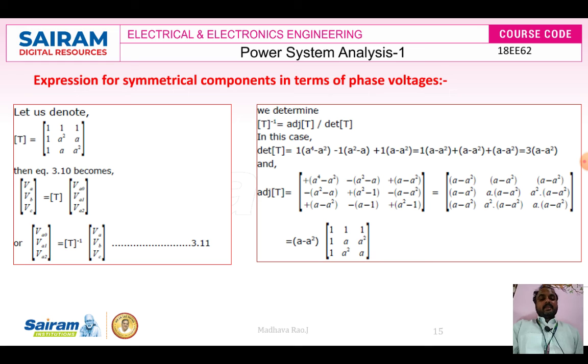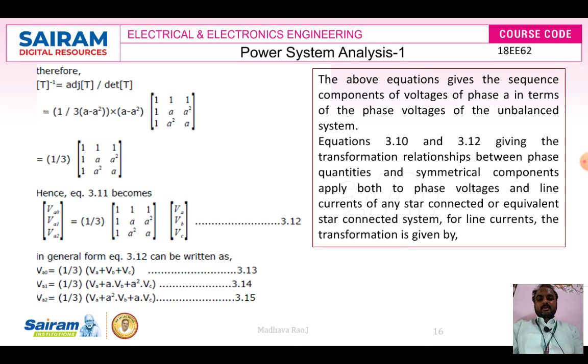We will take the inverse matrix method, since VA0, VA1, VA2 we need. The inverse matrix is equal to the adjoint of the matrix divided by the determinant of that matrix. So we will find the adjoint matrix and the determinant of the T matrix, and substitute for the inverse matrix.